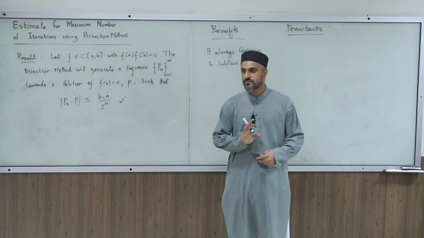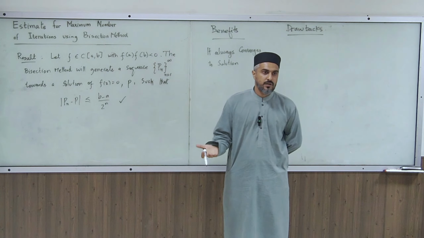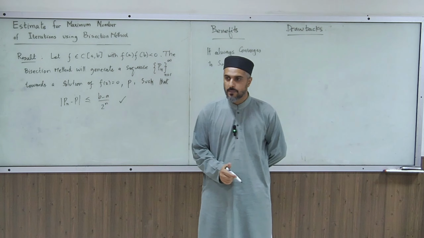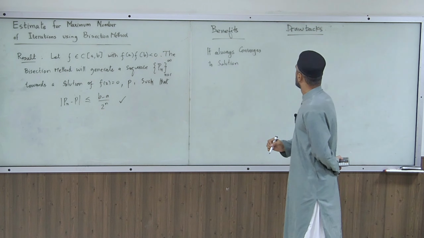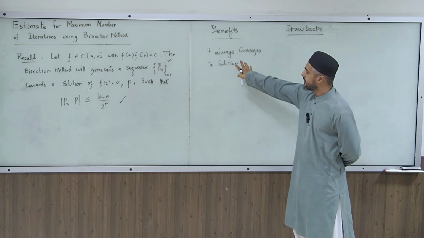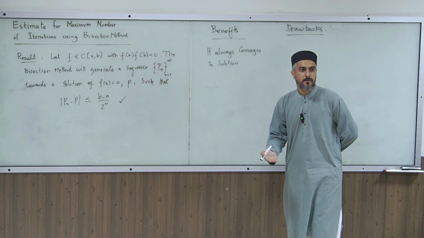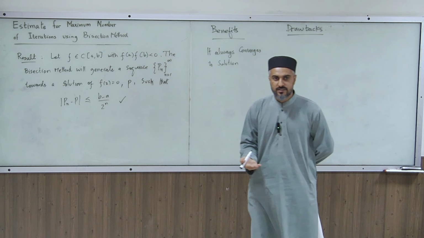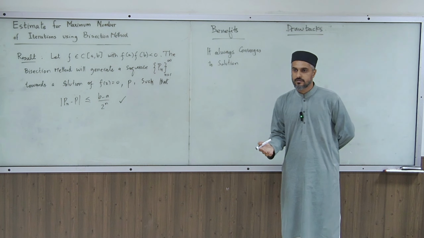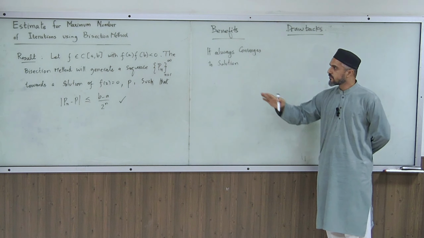It's always convergent. It is not a divergent sequence. It always generates a convergent sequence. It's a very, very big benefit, by the way. We will see in the follow-up topics that this liberty will not be available in any other method, under such liberal conditions.